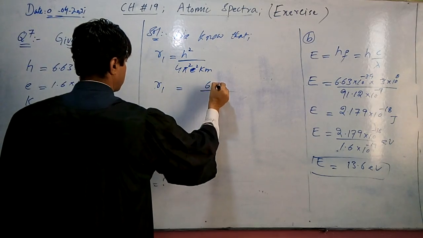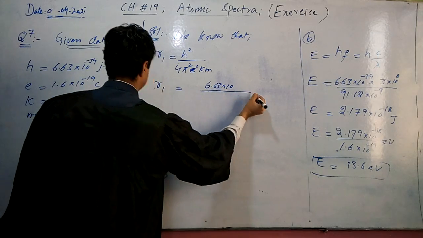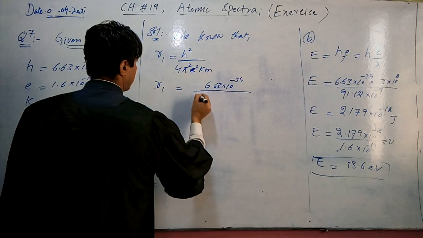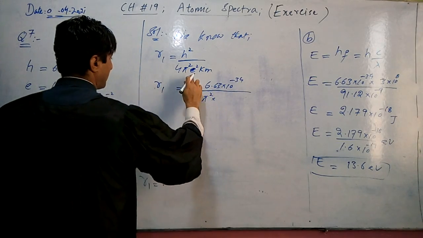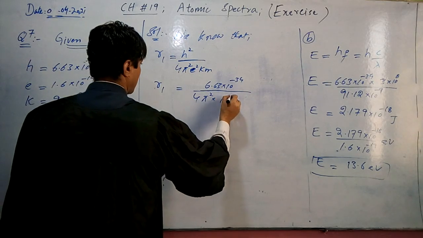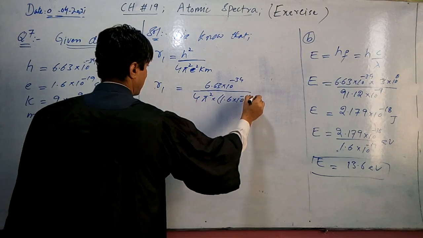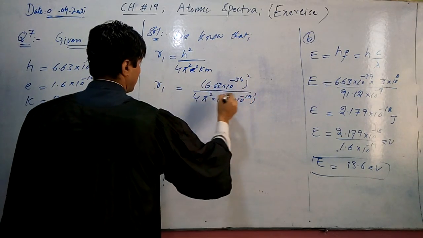This is 6.63 multiplied by 10 power minus 34 divided by 4 pi square. What is the value of e? Charge on electron 1.6 multiplied by 10 power minus 19 coulomb, squared.